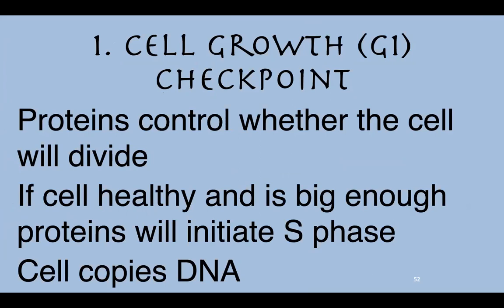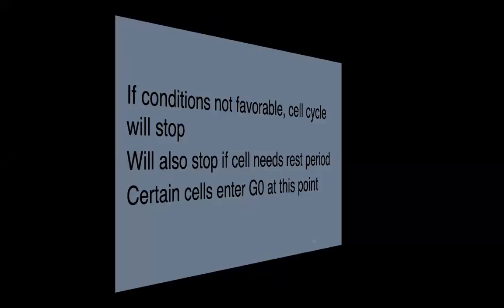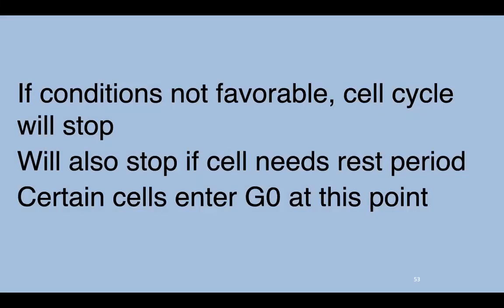This is where the proteins are going to make sure after the G1 phase that the cell is healthy and big enough before the cell is allowed to start the S phase, which is where the cell copies the DNA. That's the first checkpoint. If the conditions are not favorable, meaning the cell isn't big enough or it's not healthy enough, then the cell cycle will stop. It will not proceed to the S phase. It will not copy its DNA.